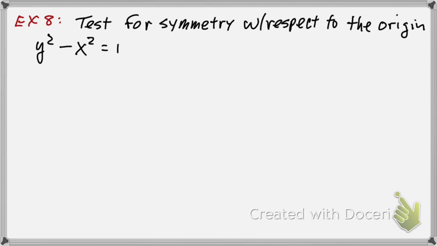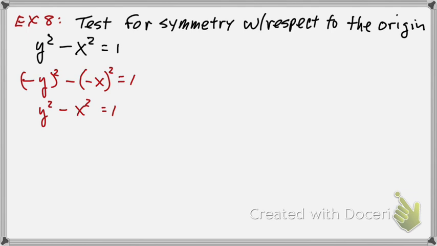So I'm going to test for both at the same time. So I've got negative y, I've got negative y squared minus negative x squared equals 1. Negative y times negative y squared minus negative x times negative x. So it looks like it's got symmetry about the origin.